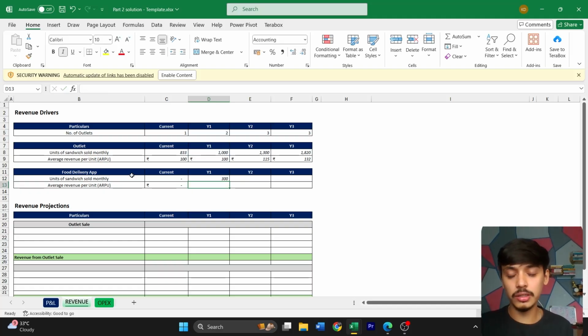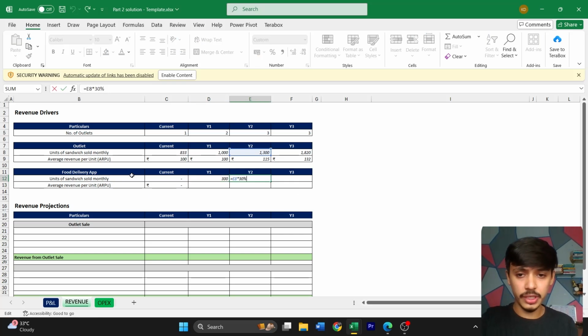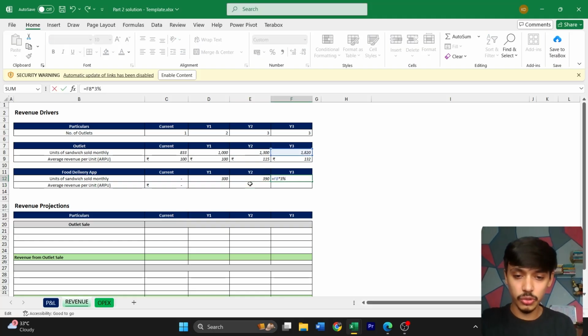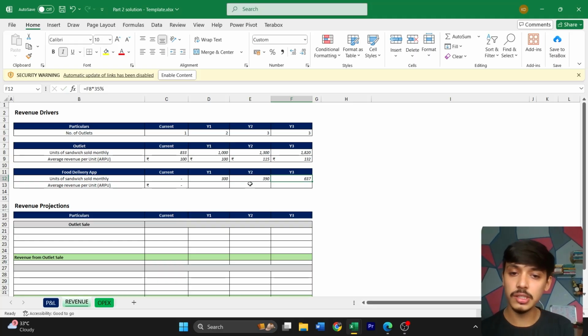That way we got 300 as the number of units sold on the app on a monthly basis. The year two number is the same, where we are doing 1300 sandwiches in the outlet, and of that 30% is being sold on the food delivery app, that is 390. And finally in year three we are increasing this to 35%, that is 637. So that way we got the units of sandwiches sold on the food delivery app.